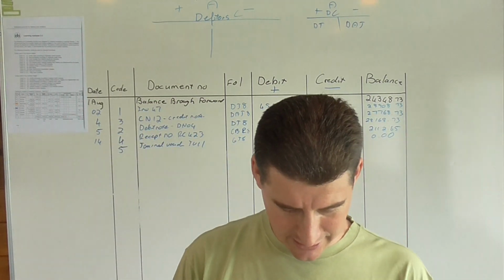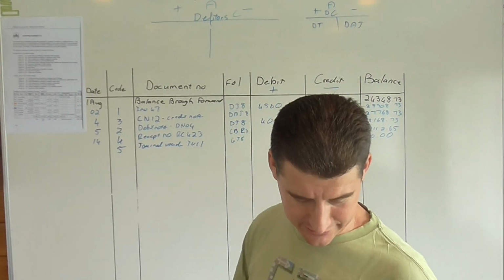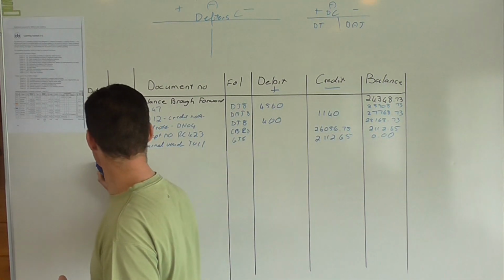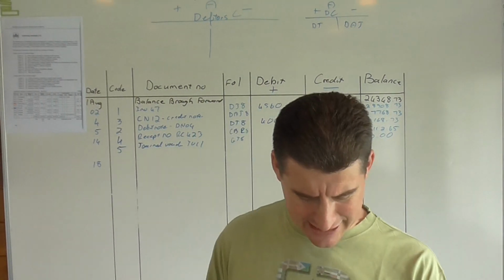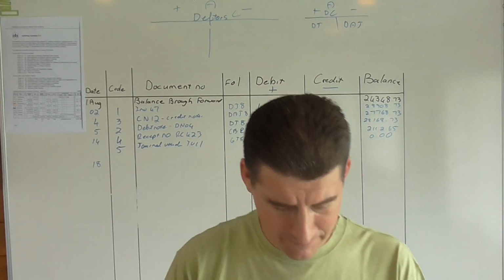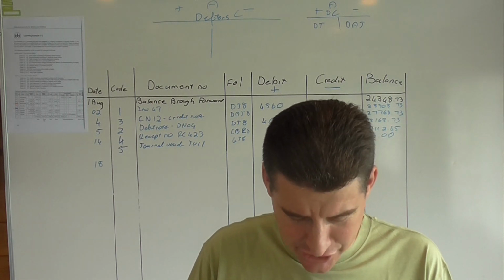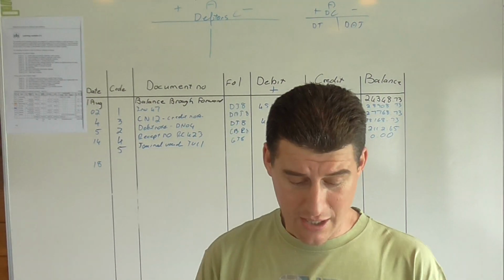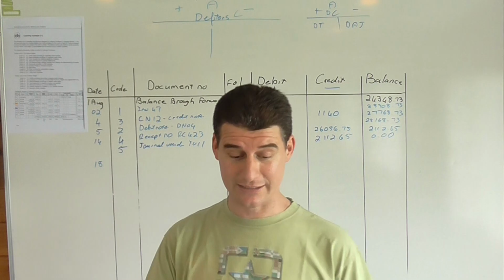All right. Now we received on the 18th the bank statement showing that the check received from Mr. Solomon on the 14th was dishonored due to insufficient funds.